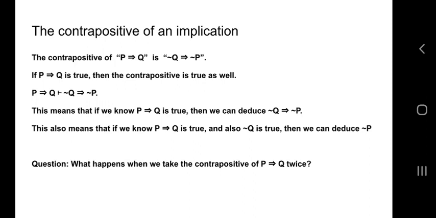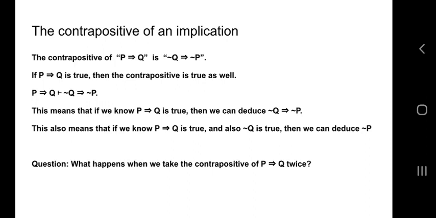Okay, the next topic. Remember when I said that if P implies Q is true, we can't deduce from that fact alone anything about Q implies P? However, on the next slide, we're going to talk about the situation when we do happen to know about P implies Q and we also know about Q implies P. And that's a very special situation.